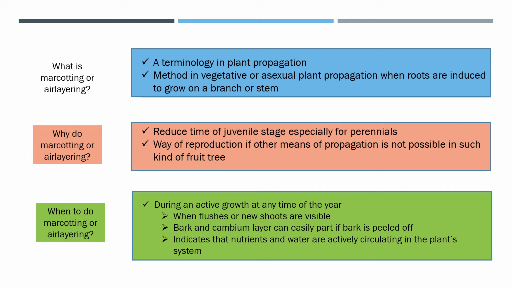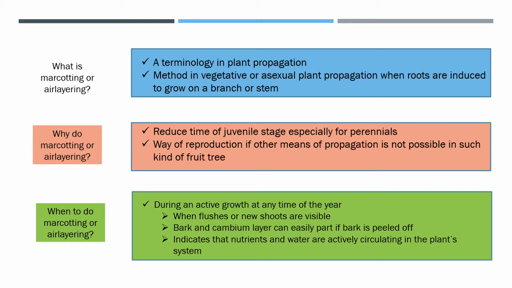During summer, when there is not enough water to irrigate our trees, there are no flushes or new shoots visible, and the bark and the cambium layer are so tight. When you do marcotting and peel off the bark, it's very difficult. So do not do marcotting during this period, because you will just be destroying your trees.